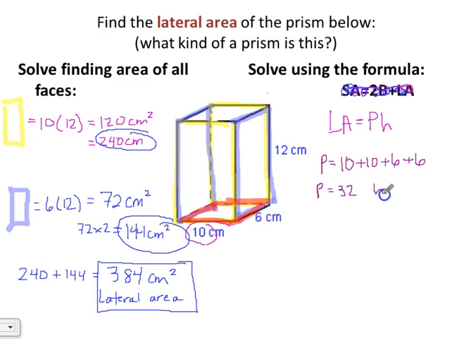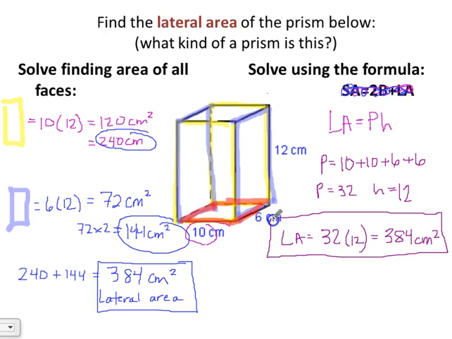And then what's the height? Remember, it's the height of our prism, which is 12. So then the lateral area equals the perimeter, 32, times the height, and we get 384 centimeters squared because we're talking about lateral area.